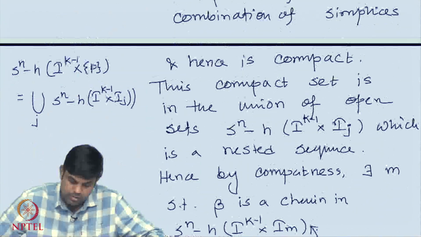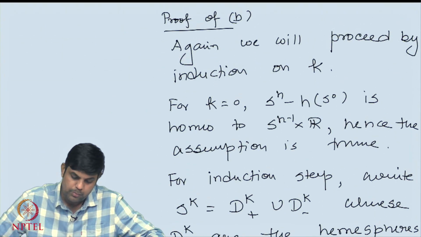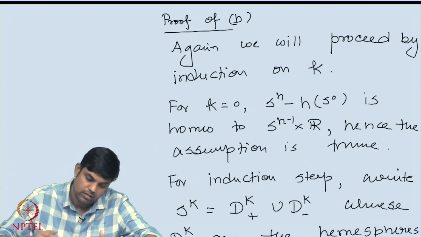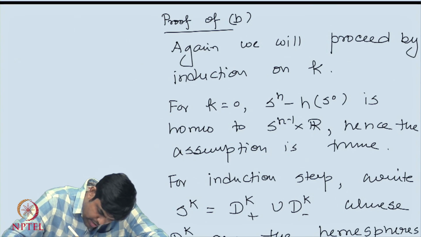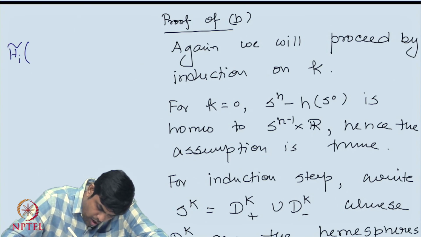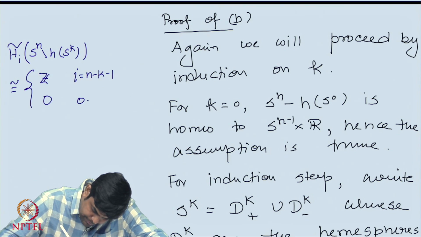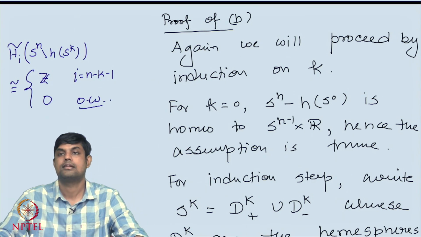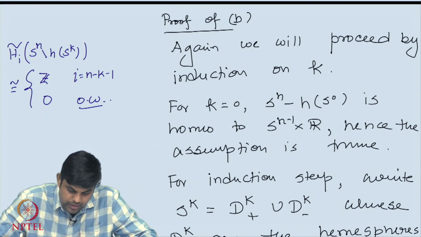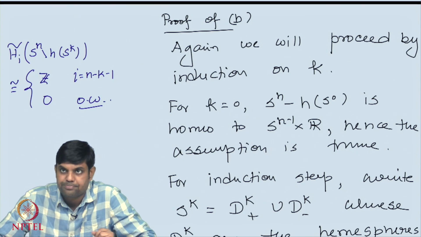We will proceed by induction on k. So, what do I have to prove? I have to show that the reduced homology Hi tilde of Sn minus the embedded Sk is isomorphic to Z if i equals n minus k minus 1 and it is 0 otherwise. Okay. So, first we are going to prove it using induction.